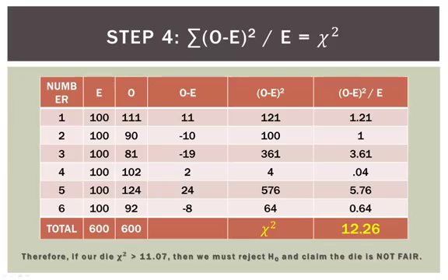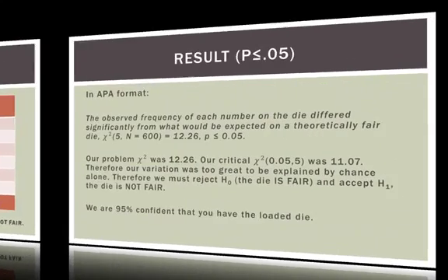So we have to reject our null hypothesis, which said the die is fair, and claim that the die is in fact not fair. So we have to accept our alternative hypothesis, because our chi-square was greater than our critical chi-square based on our Excel formula.